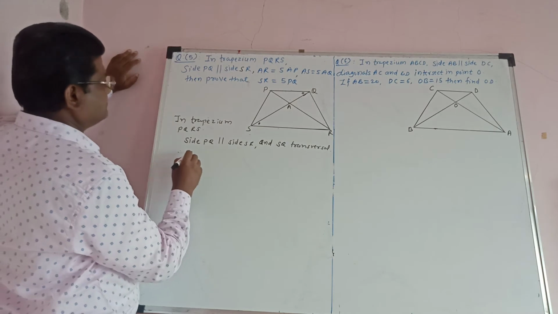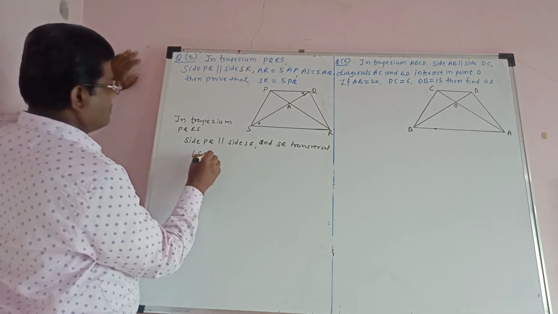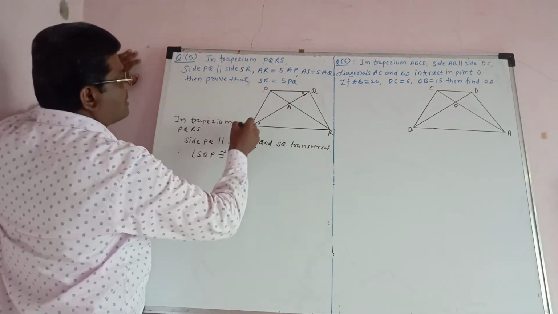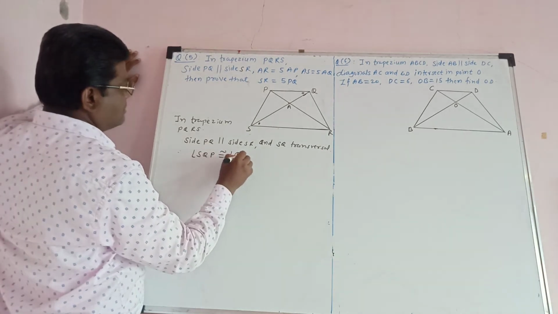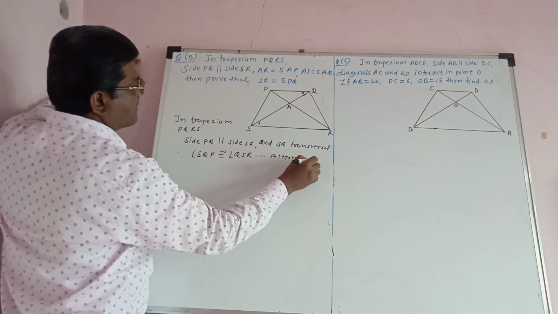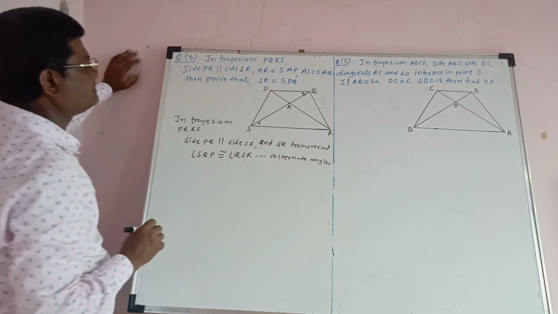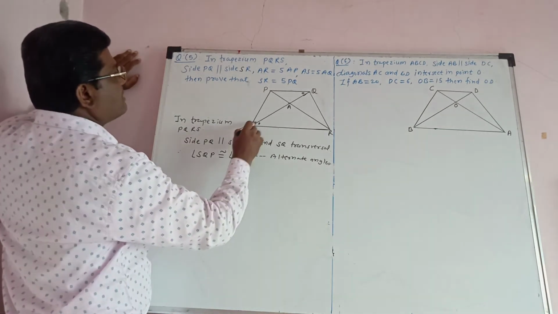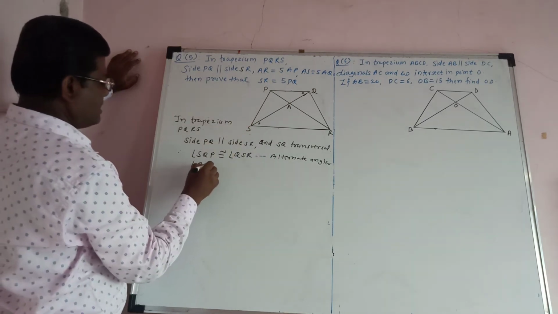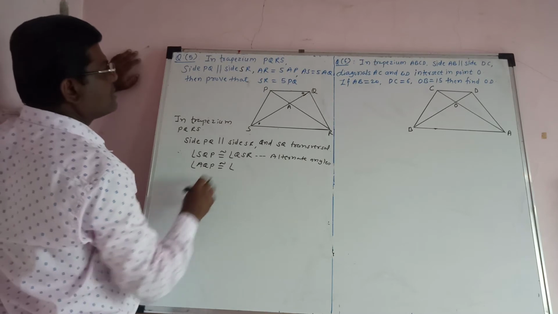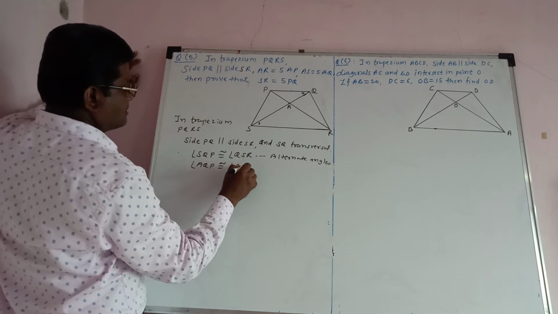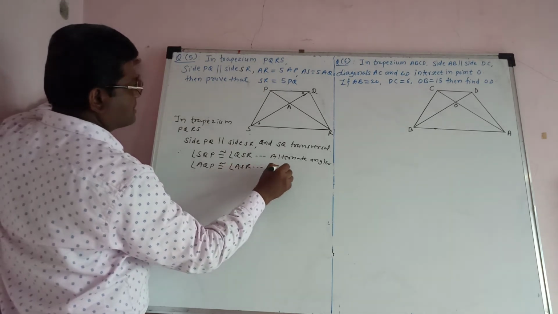Therefore, we write angle SQP congruent angle QSR, alternate angles. Now angle SQP means angle AQP. Therefore angle AQP congruent angle QSR, which means angle ASR. Reason is alternate angles.